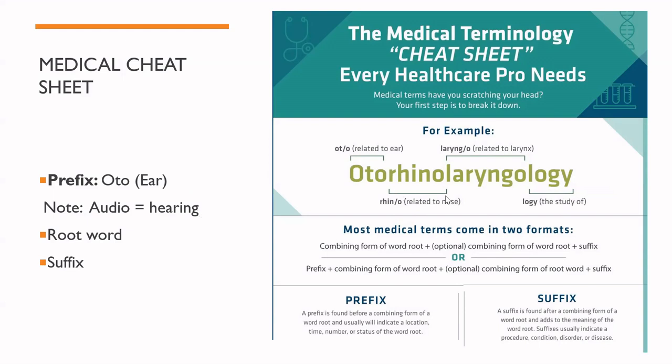Then we've got the rhino. Look at that. Related to the nose. Rhino with that horn. Okay. And then larynx. It's actually related to the larynx. Ear, nose, larynx. The study of ear, nose, larynx.